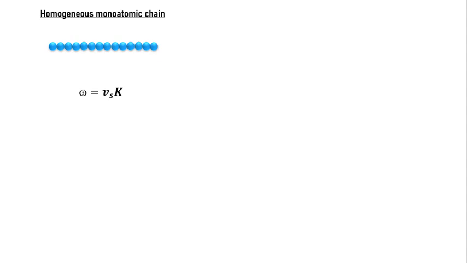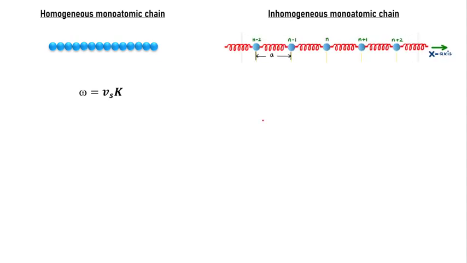On the other hand, an inhomogeneous monoatomic chain of atoms would rather look like this. Inhomogeneous because the mass of the chain is not distributed uniformly. Rather, it is concentrated in the atoms.